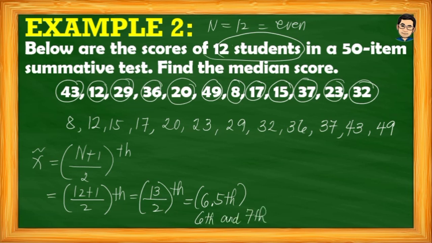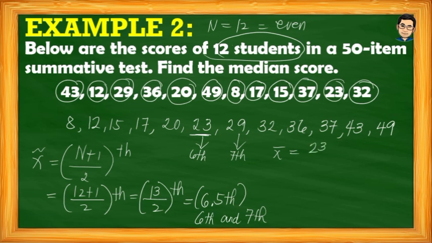Okay. So, dito sa ating data, yung pang-anim natin na score is 23. Ito yung pang-6th. Yung pang-7th naman natin is 29. So, kunin lang natin yung average ng dalawang numbers na yan, yung pang-6 and 7.